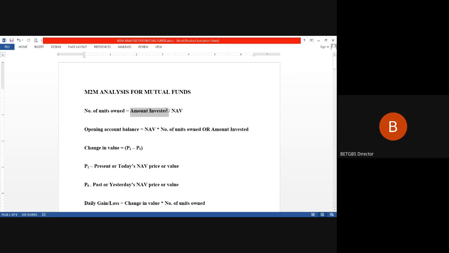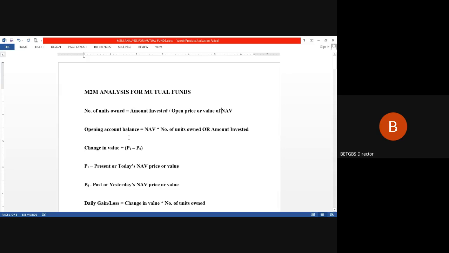We have been given the amount invested, and we have been given the NAV, that is the open price or value of NAV. So this is given to us. Based upon this, we find out the number of units we own. Then how do we find the opening balance of your account?